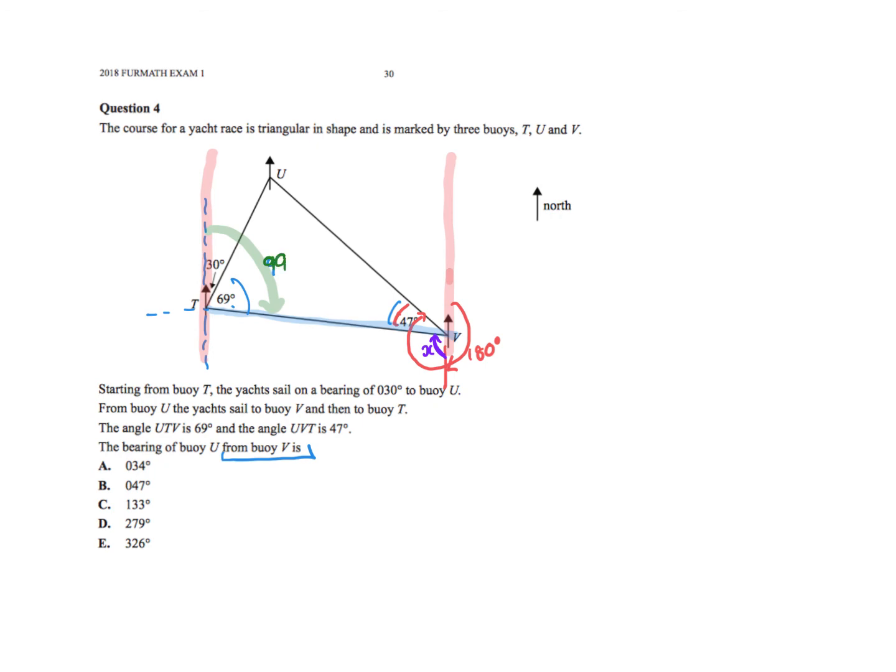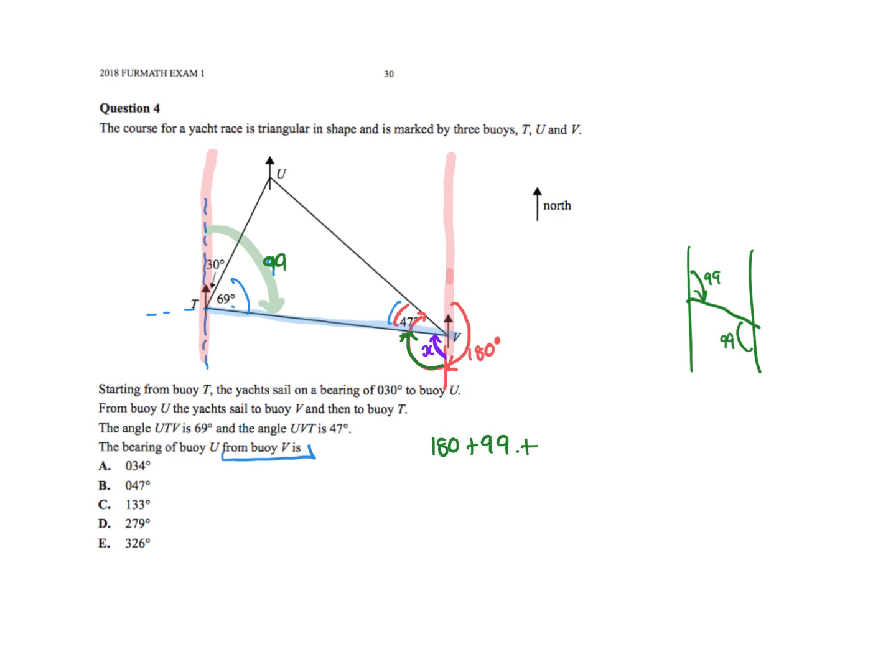Now, if that's 99, then this bit from here to here is 99, because we know parallel lines, if you have parallel lines and a line intersecting, if that angle is 99, then this angle is 99. Okay, so we can work out the bearing is therefore 180 plus that 99 plus the 47.